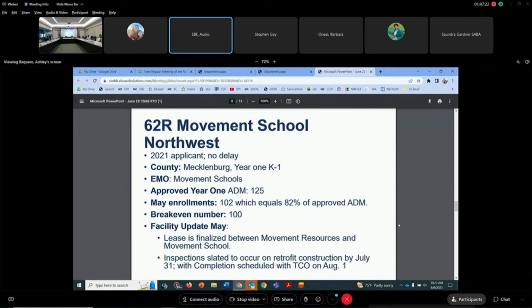They're waiting on inspections. They believe they'll have a temporary certificate of occupancy on August 1st. And their contingency is to move to the Movement Middle Freedom School if necessary, which already has their ECO, and they've already made contingency plans to communicate with families if that is absolutely a dire need.